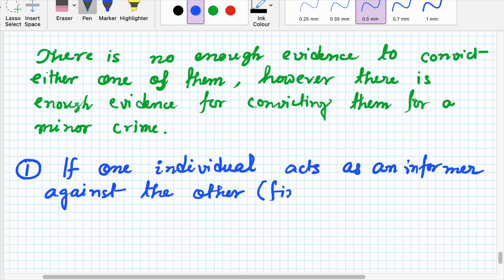The police's job is to make them confess their crime. So the police want to design the condition in such a manner that one individual or both of them confess, so that they can be convicted for the crime.